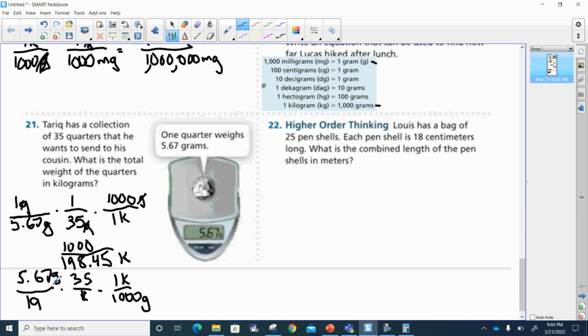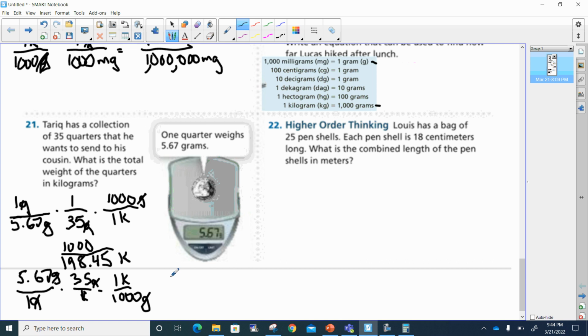And this makes more sense because, again, we want to get rid of the grams. We want the 1 kilogram on top. And then this was 35. Oh, this is where they have the 35 quarters. We'll get rid of the quarters here and here.